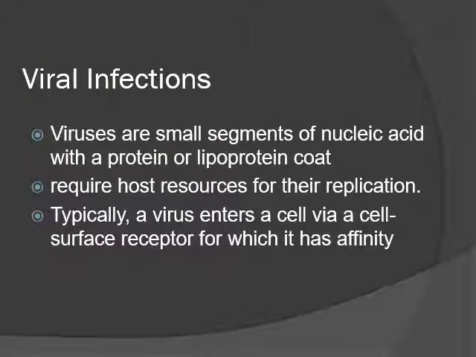One of the four main types of pathogen that we are going to talk about is viruses. Viruses constitute a small segment of nucleic acid with a protein or lipoprotein coat and require host resources for their replication. Passage across the mucosa of the respiratory, urogenital, or gastrointestinal tract accounts for most instances of viral transmission.